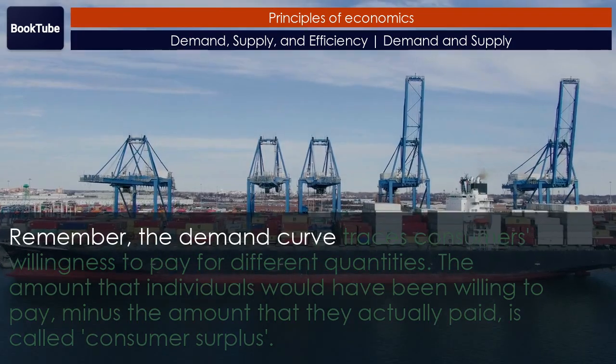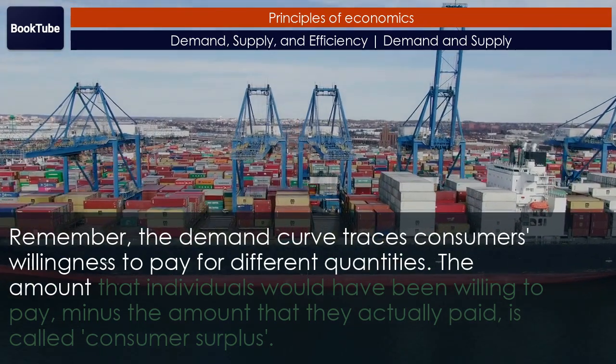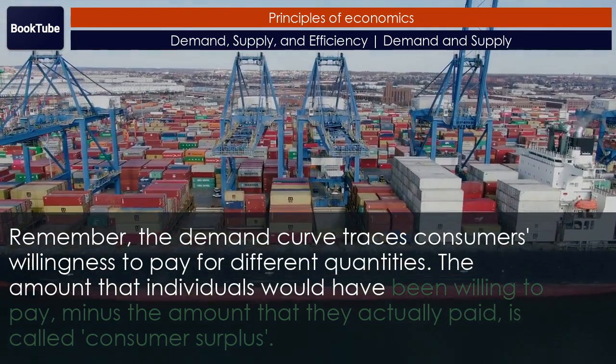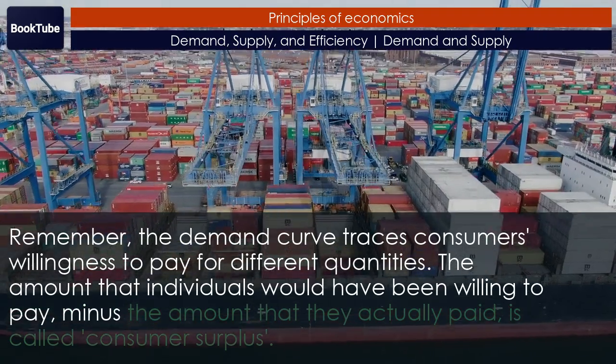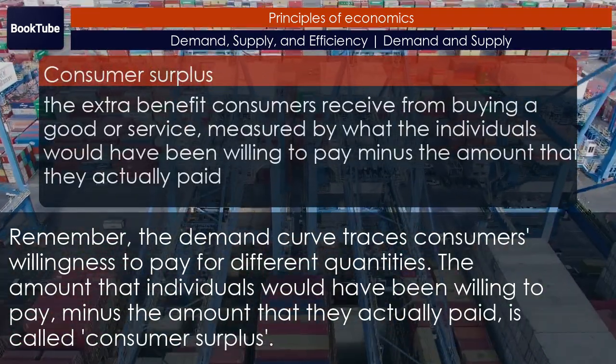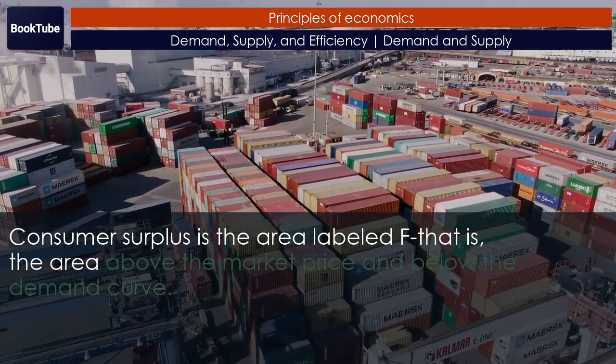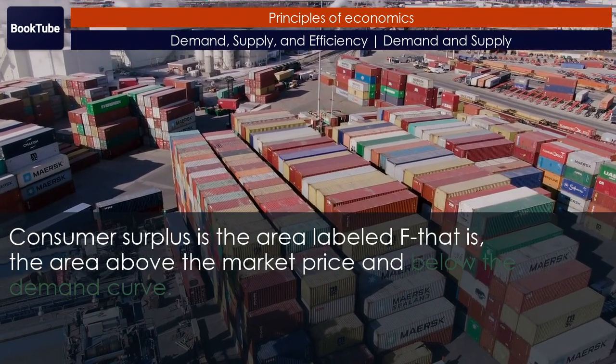Remember, the demand curve traces consumers' willingness to pay for different quantities. The amount that individuals would have been willing to pay, minus the amount that they actually paid, is called consumer surplus. Consumer surplus is the area labeled F, that is, the area above the market price and below the demand curve.